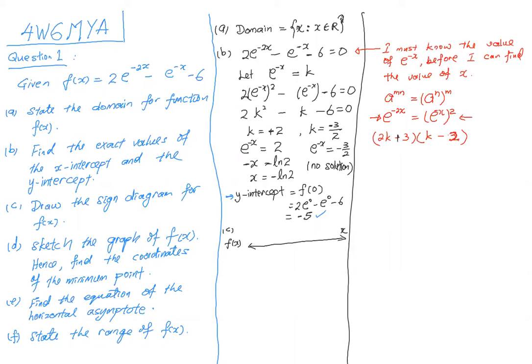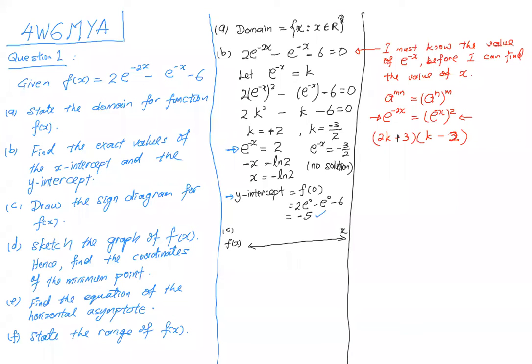2 and negative 3/2. Okay, is that the x-intercept, or is that the value of e to the power negative x? Is 2 the value of x? If you look here, is 2 the value of x?